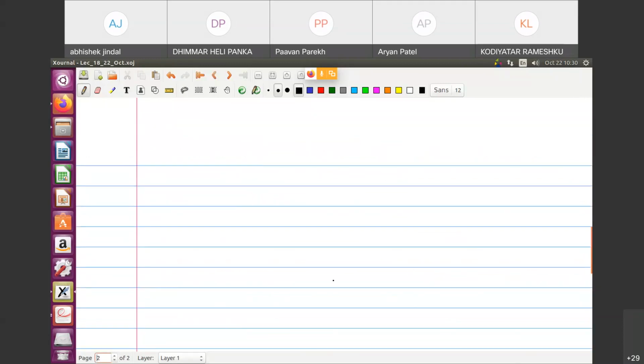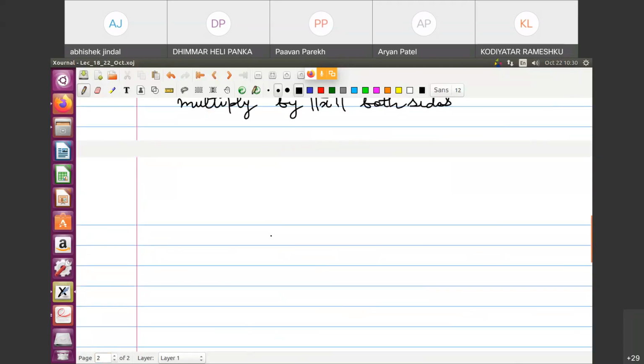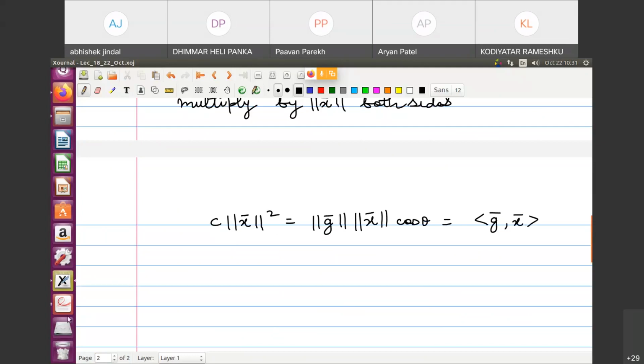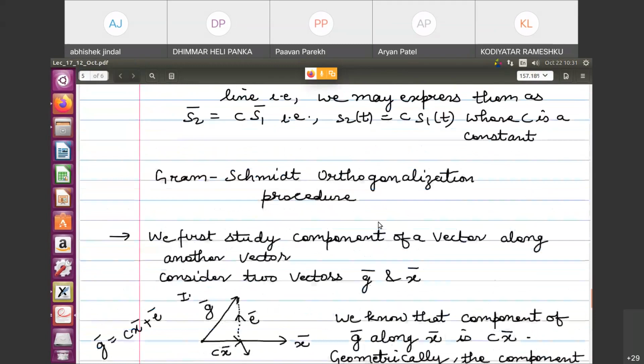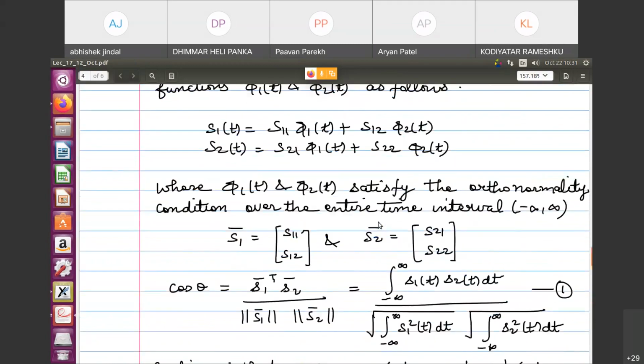So then what it leads to is, if you multiply both sides, we get that C times the norm of x squared must be equal to the norm of G bar times the norm of X bar times cos theta, which is equal to the inner product of G with X. I think we must have done this in our earlier lecture.